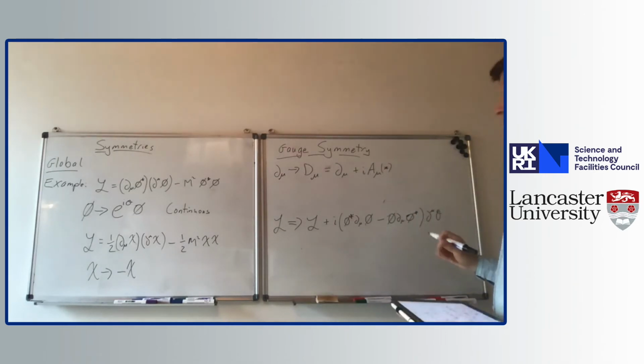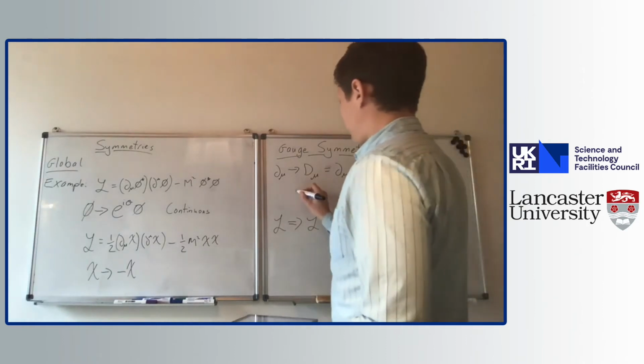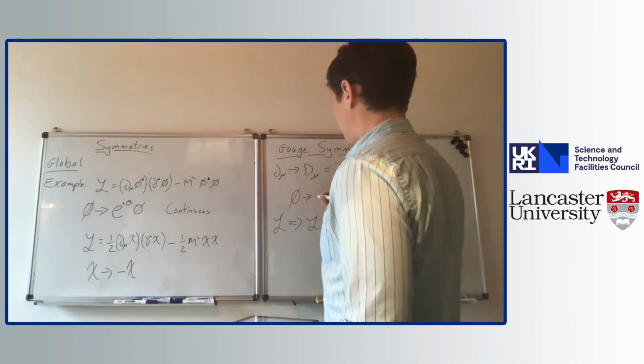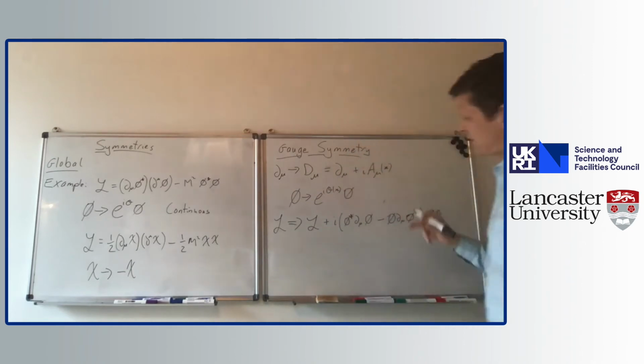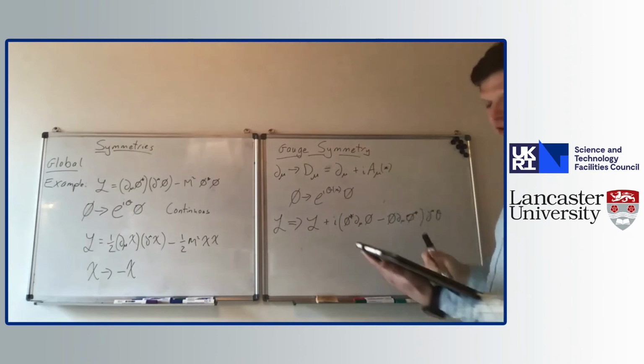For which the gauge transformation is that phi goes to e to the i theta of x times phi. But covariantly, this gauge field also has to transform.